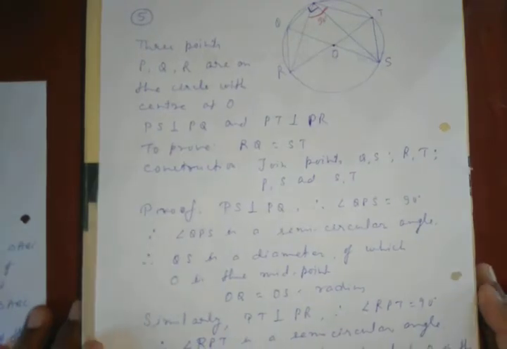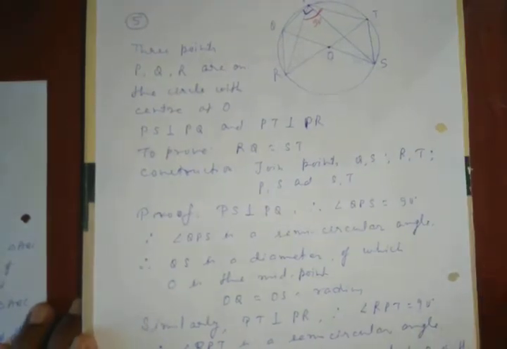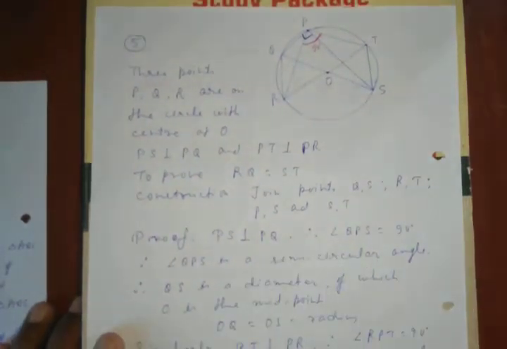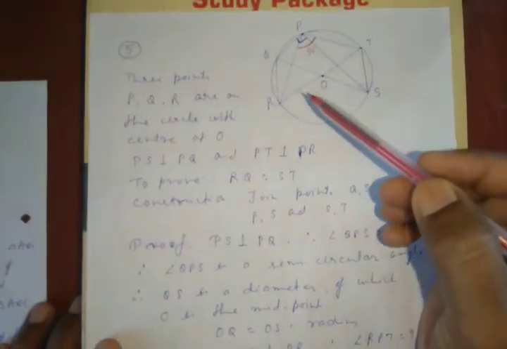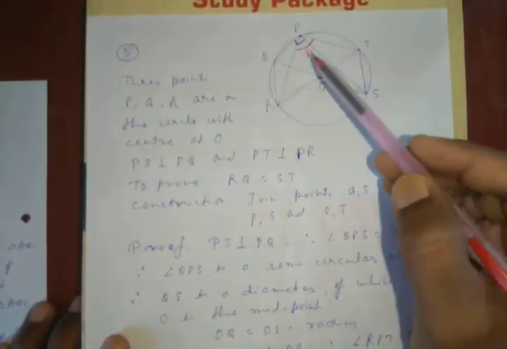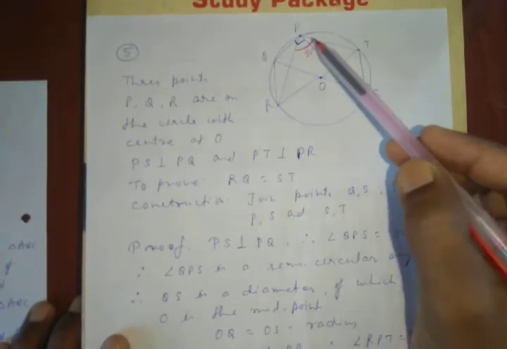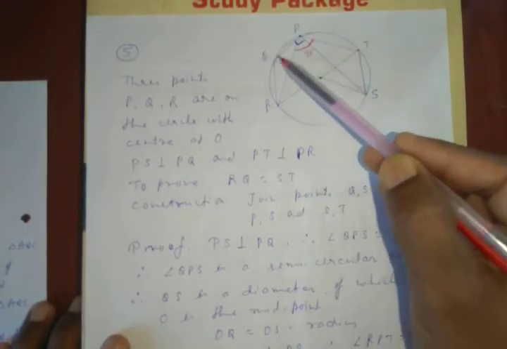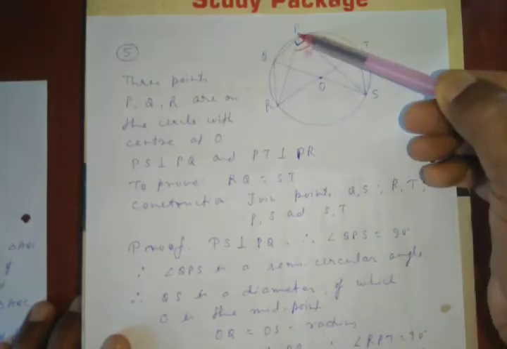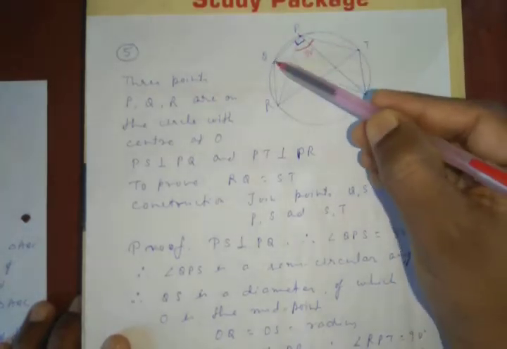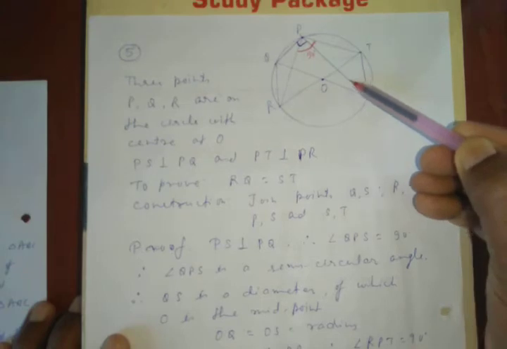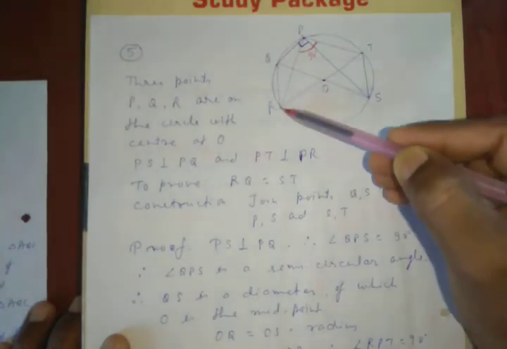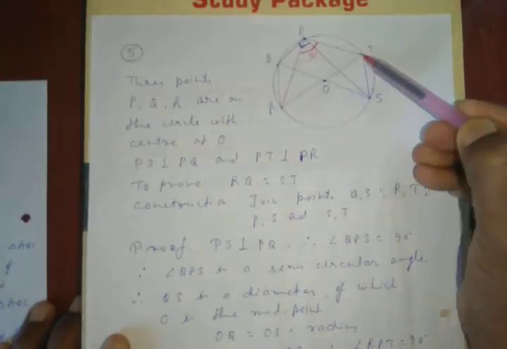Question number 5. In this question we are given two perpendiculars. We have a circle, and at point P we have two perpendiculars: QPS is one perpendicular, and RPT is the other.